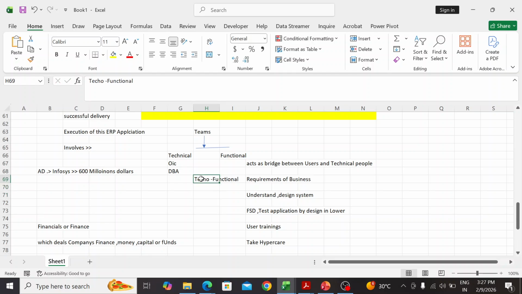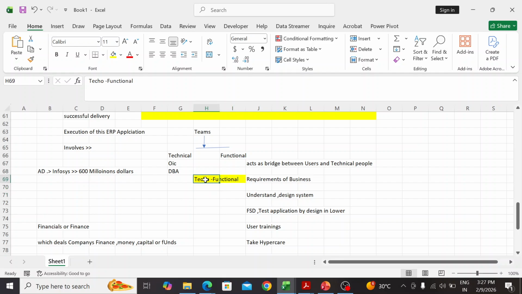I hope you understand this. It means a double-edged sword: you know the technical side and you know the functional side. Obviously, techno-functional consultants have the importance in the market.